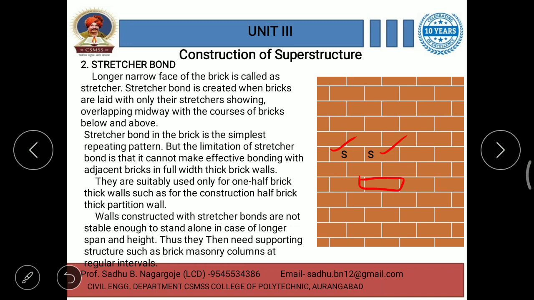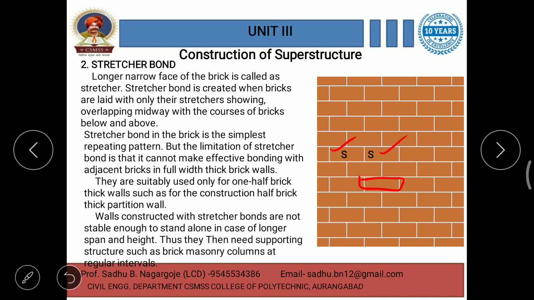Stretcher bond is created when bricks are laid with only their stretchers showing. Here you can see all these courses of the brick masonry showing only stretchers, overlapping midway with the courses of bricks below and above.